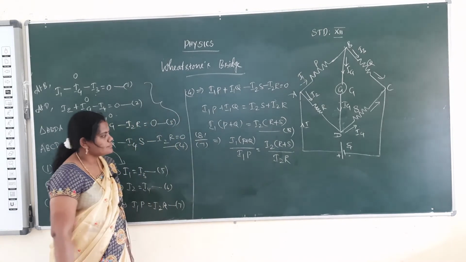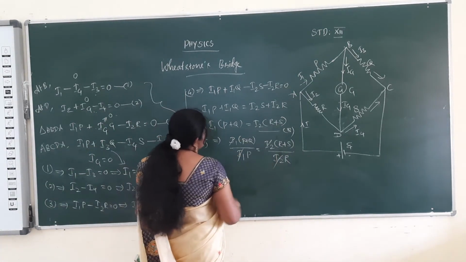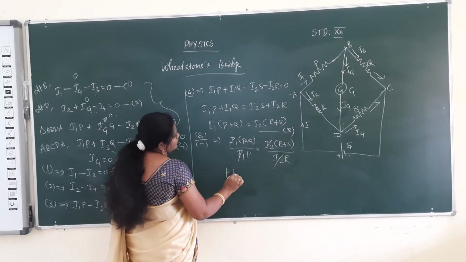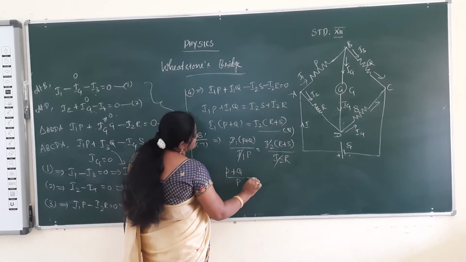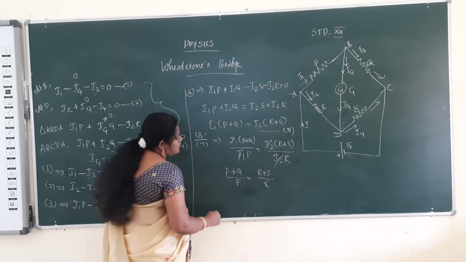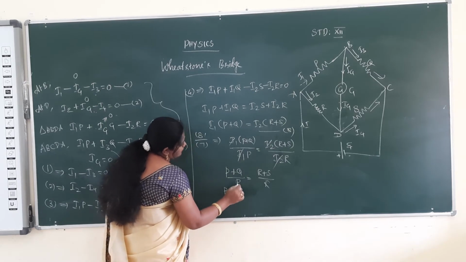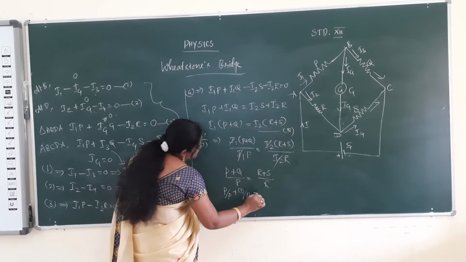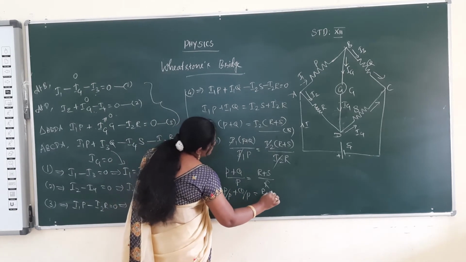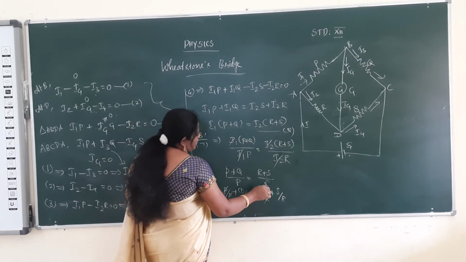So I1 cancels, then I2 cancels. So (P+Q)/P is equal to (R+S)/R. Okay, so P by P, Q by P is equal to R by R plus S by R. So 1 and 1 cancel.